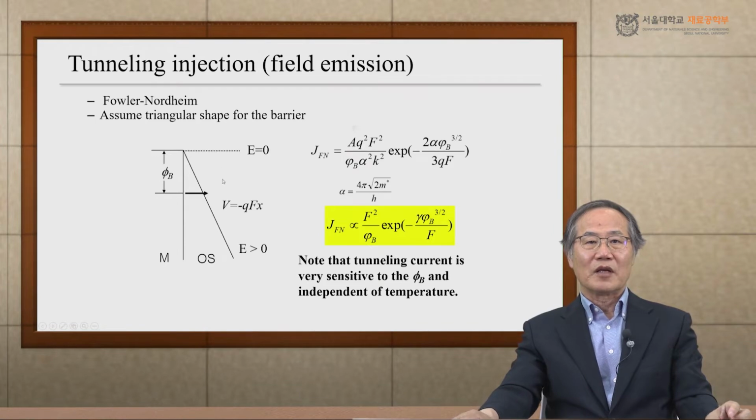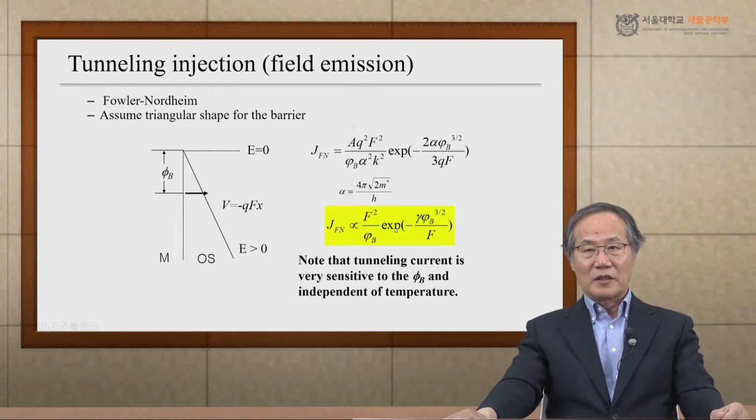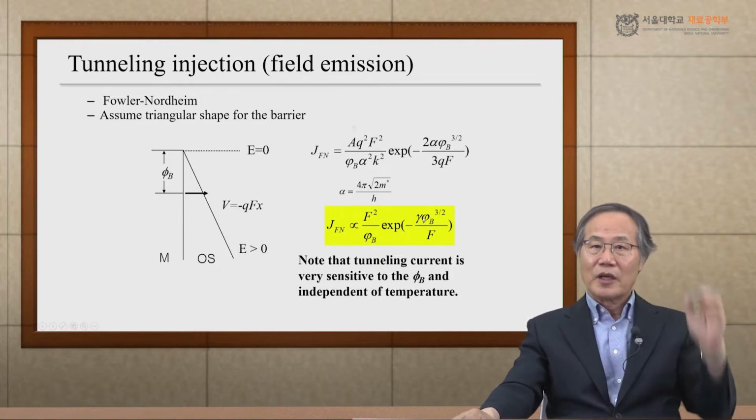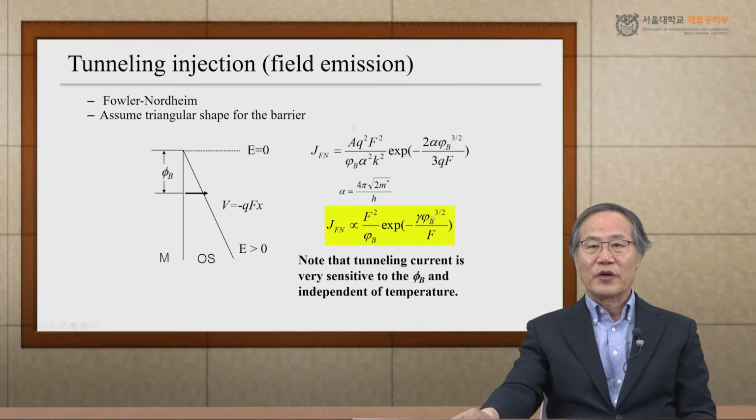I don't want to go into the details of the derivation of these equations, but you can easily find this tunneling junction equation in a normal semiconductor textbook, the Fowler-Nordheim plot, proportional to this F, and the exponential of the barrier height to the 3/2, divided by the electric field.